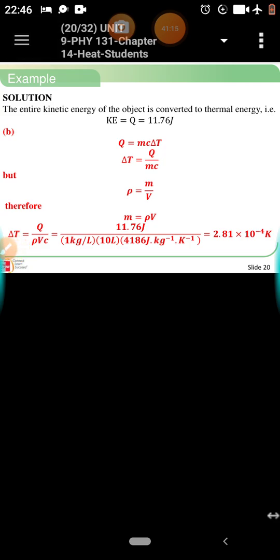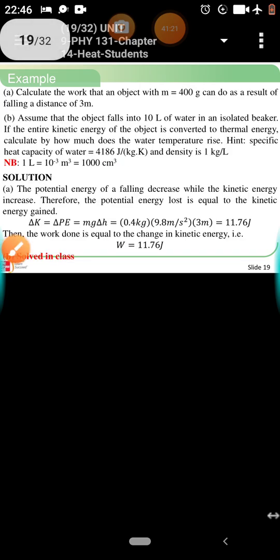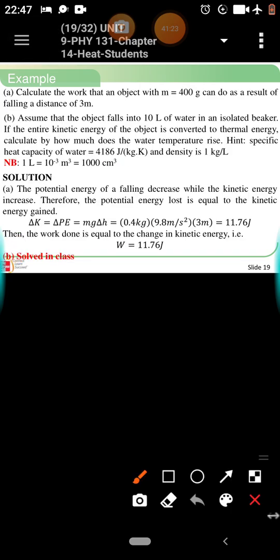The entire kinetic energy of an object is converted, from this statement where they say it's converted over here. So the entire kinetic energy of an object is converted to thermal energy.